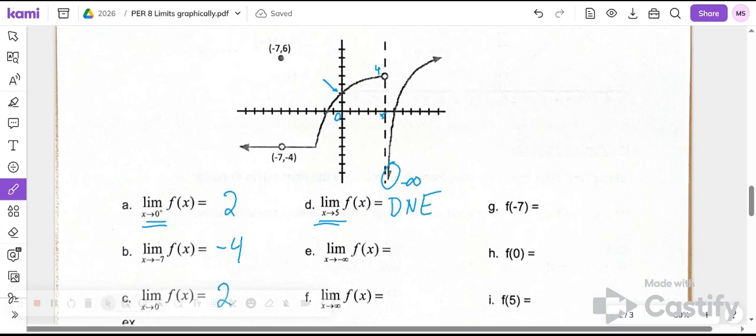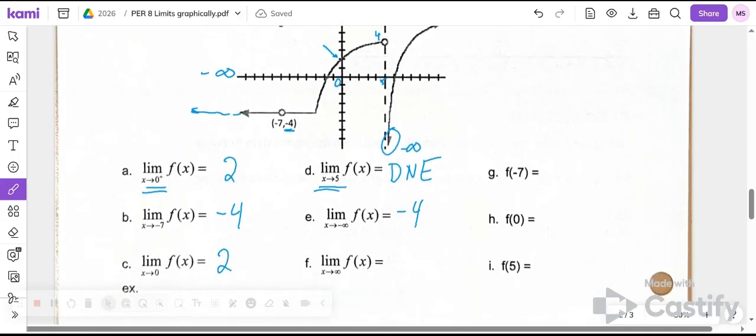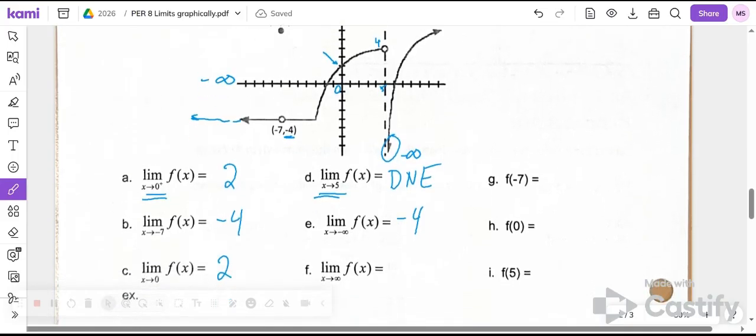All right. What about negative infinity? As x approaches negative infinity, wait, hold on. Negative infinity is here. But where's my graph at? It's here at a height, and it's just going to keep going. So -4. Good. What about positive infinity?